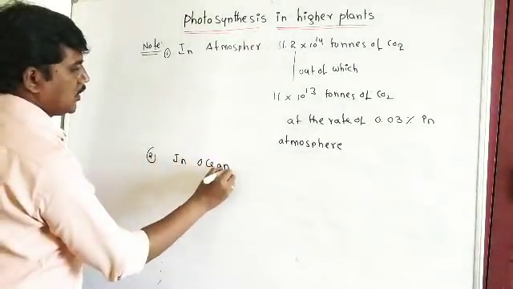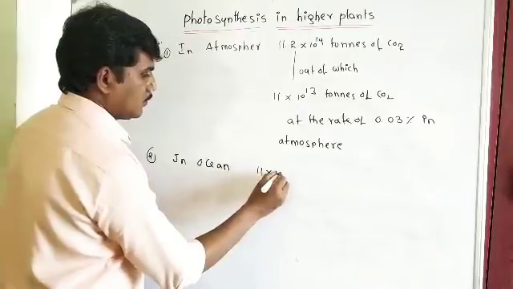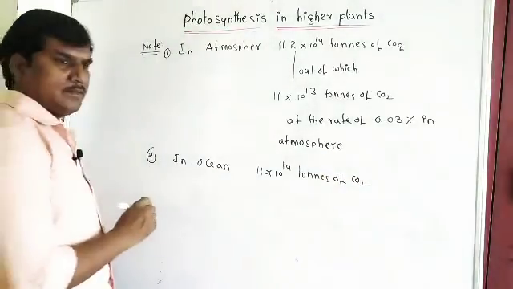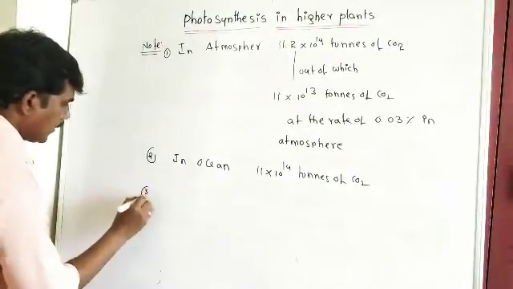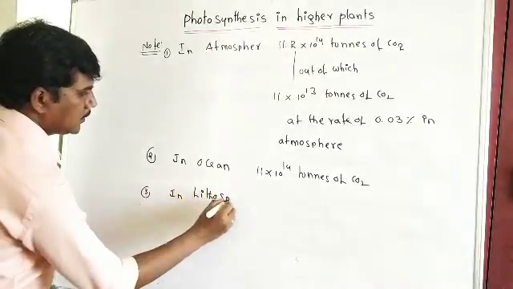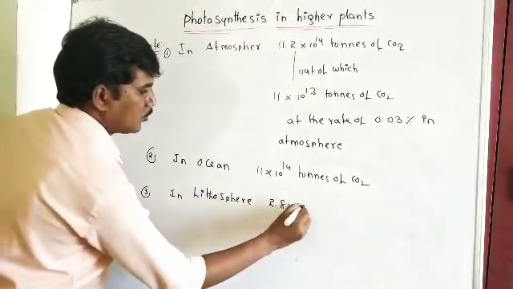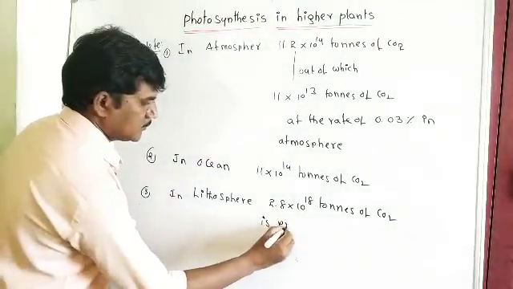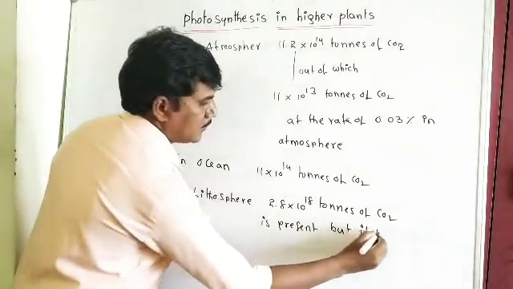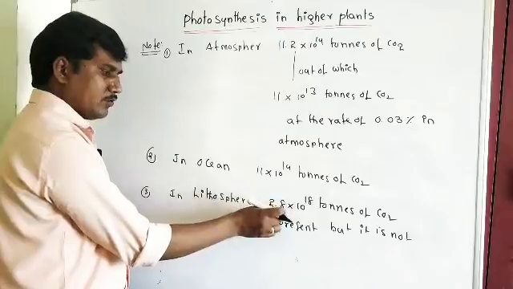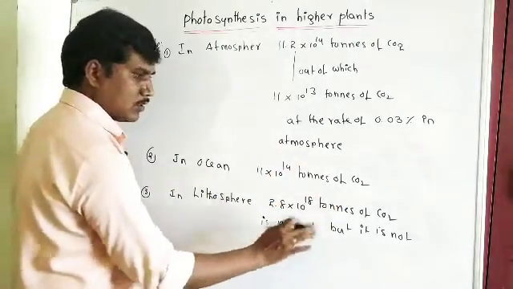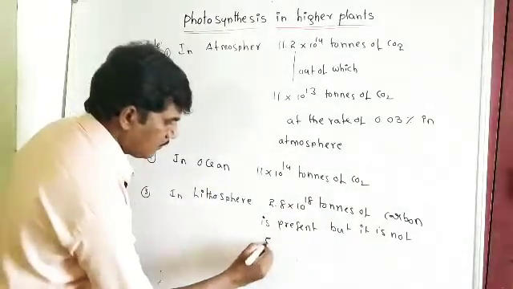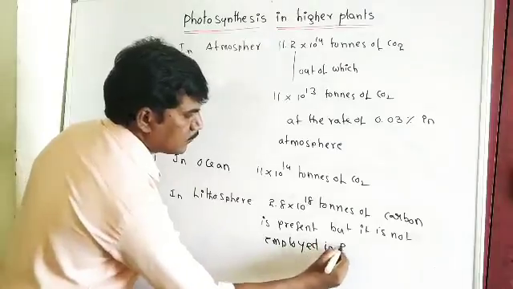The next one is the ocean. In the ocean, the total amount of carbon dioxide is 11 into 10 to the power of 14 tons. Next, very important, in the lithosphere, 2.8 into 10 to the power of 18 tons of carbon is present, but it is not employed or utilized in the photosynthesis process.